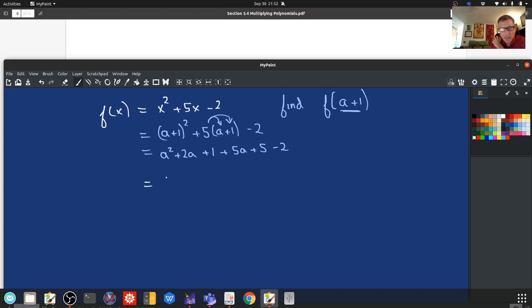So what's the very last thing I have to do? I have to collect like terms. So there's my highest degree term, my a squared term. Then I'm going to put next to each other my degree 1 terms. And then I'm going to collect all of my constant terms. And now simplify.